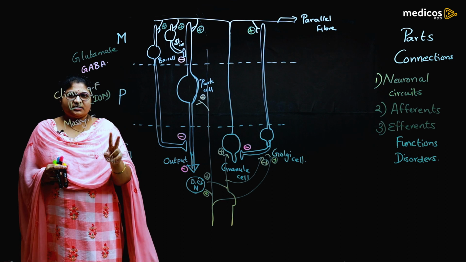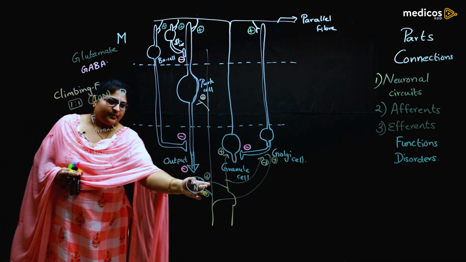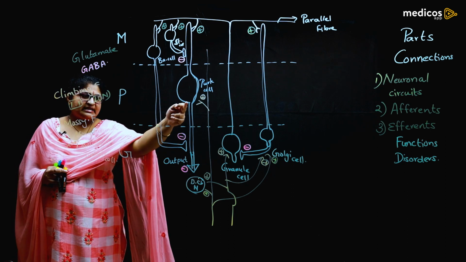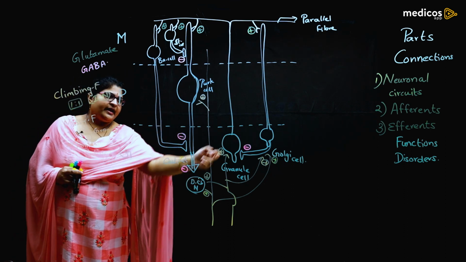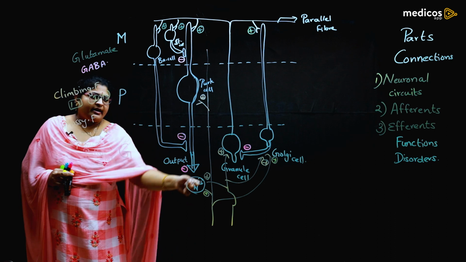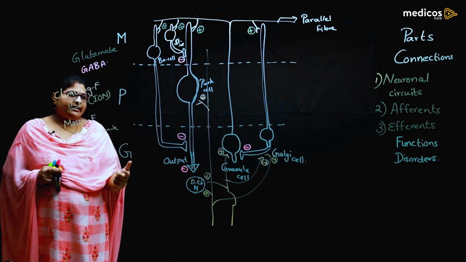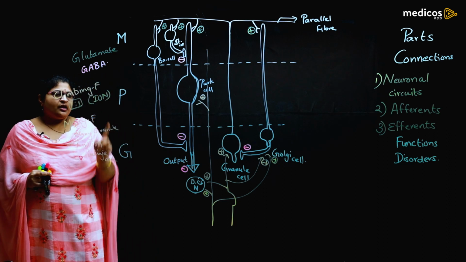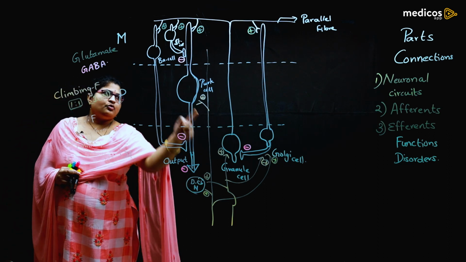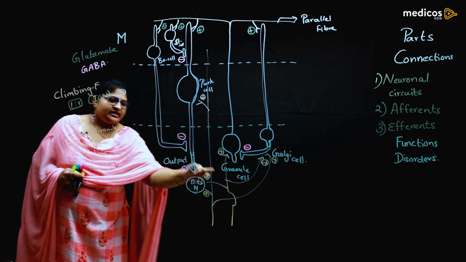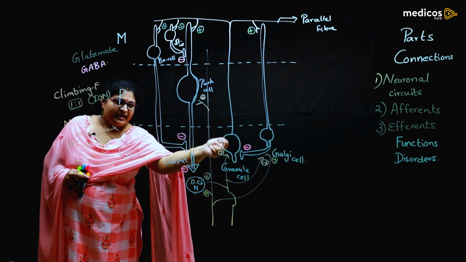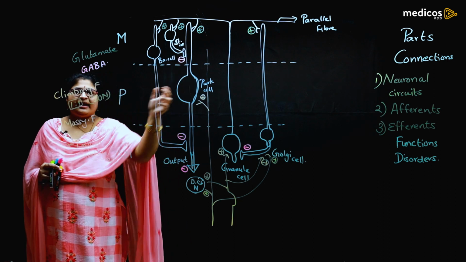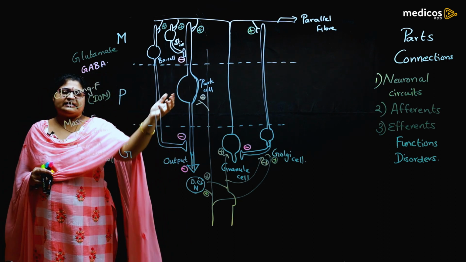So there are two inputs to sum up: climbing fibers and mossy fibers. Climbing fibers stimulate the Purkinje cell, deep cerebellar nuclei, and Golgi cell. And the mossy fiber stimulates granule cells, Golgi cells, and deep cerebellar nuclei. So one climbing fiber goes to one Purkinje cell. And this mossy fiber stimulates many granule cells directly, and via parallel fibers, it will stimulate many more Purkinje cells.